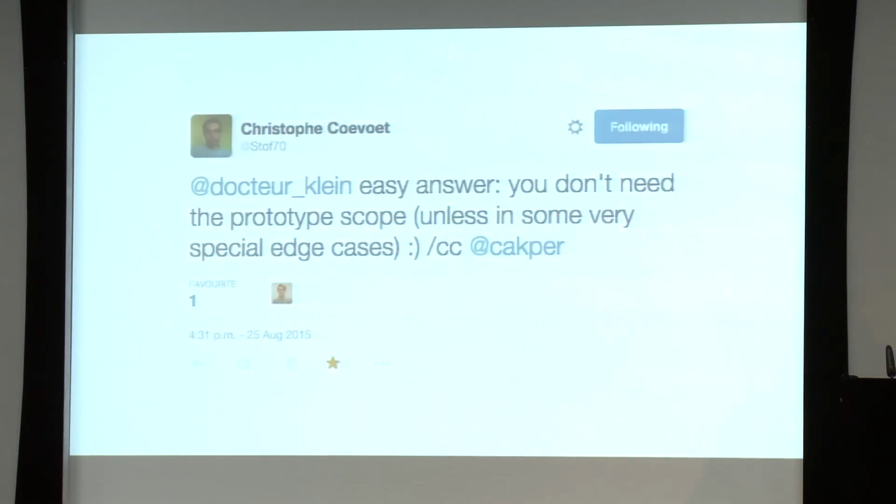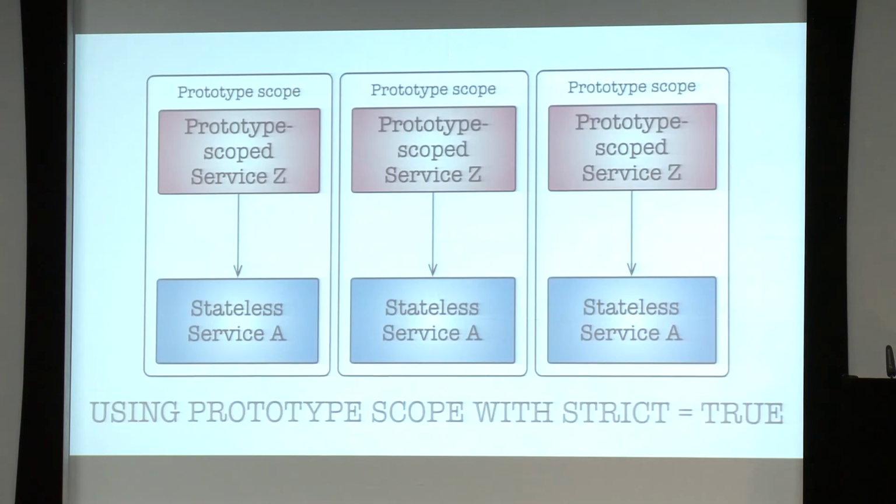And Christopher said that the easy answer is you don't need the prototype scope at all, because it doesn't solve the right problem for you. What prototype scope does is tell every time I need an instance of some service, create a new instance, and it also propagates to all the other dependencies.